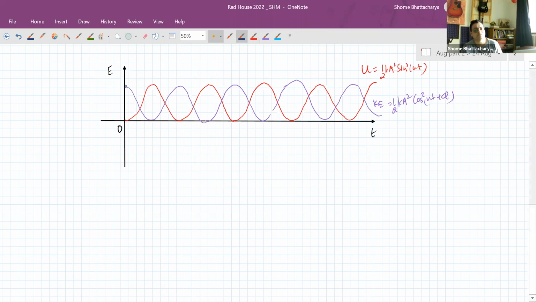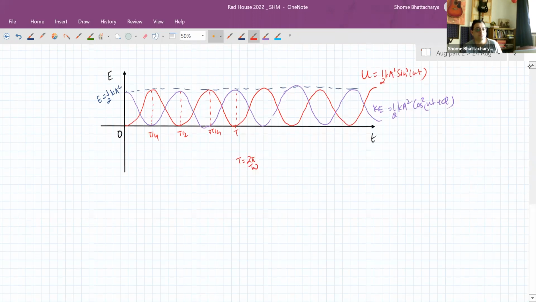And the total mechanical energy, which is the sum of these two, remains constant. So per cycle, there is a switch two times. So this is the relationship of energy with respect to time.